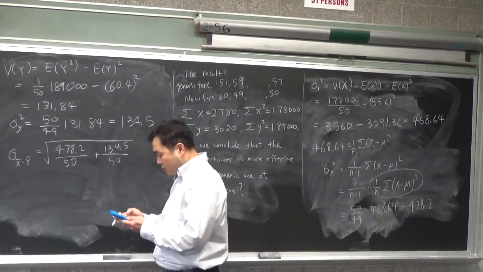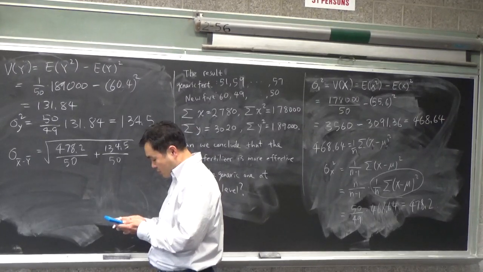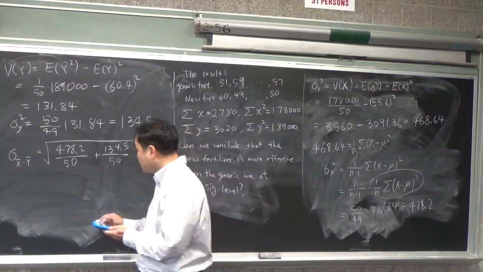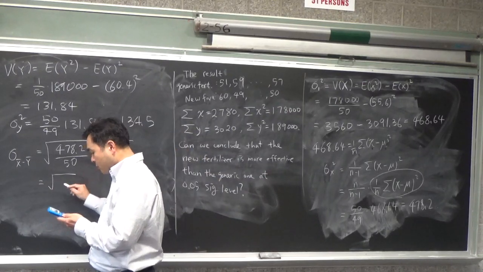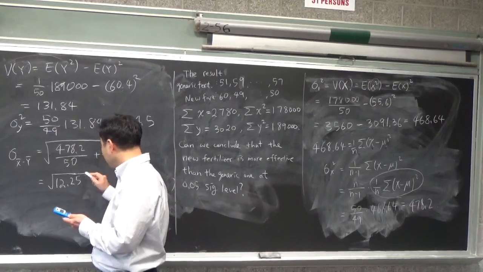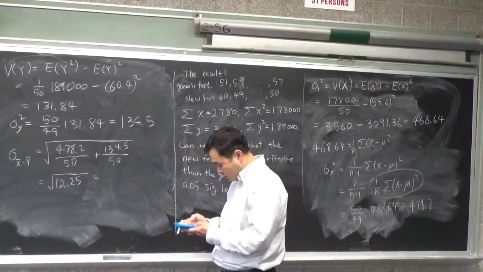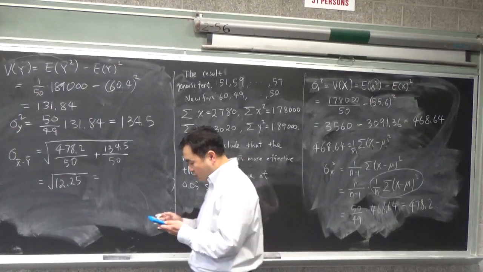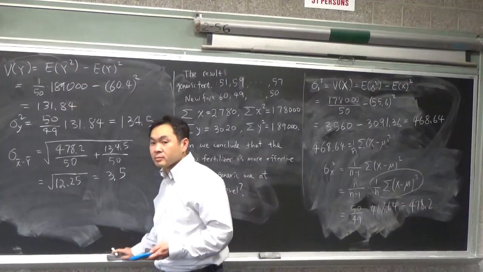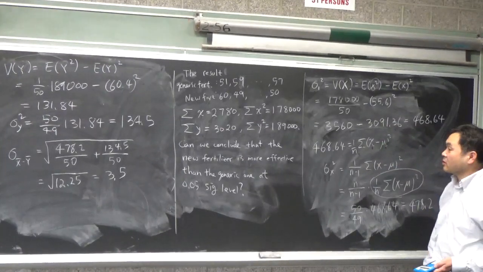All right, so let's try that. This is the square root of 12.25. And if you take the square root, I get 3.5. Okay, so that's our standard deviation.